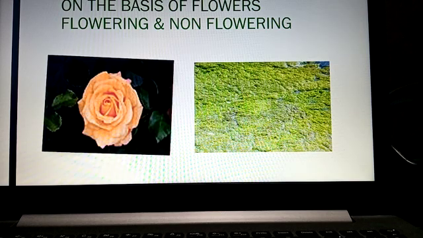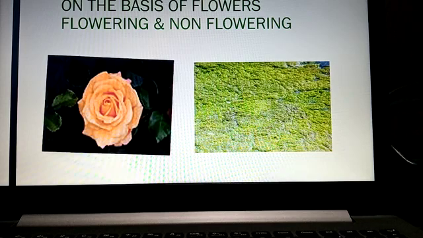The second picture you can see is an example of a non-flowering plant. So what are non-flowering plants, children? The plants which do not bear flowers are called non-flowering plants. Examples of these non-flowering plants are algae.